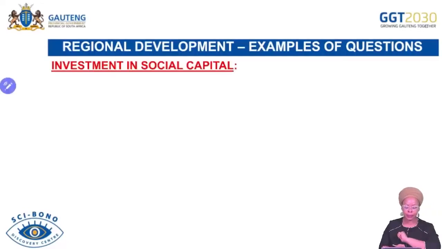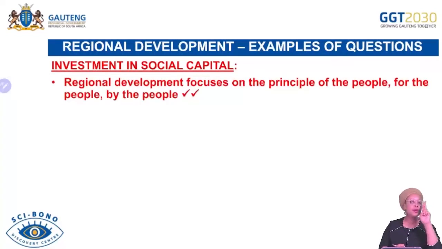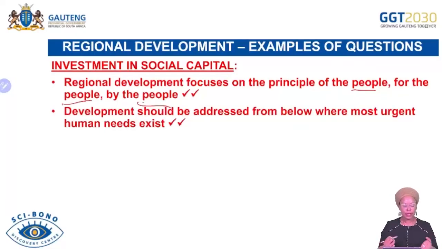Let's look at the second part of the question. The second part is investment in social capital, and you need 2 sentences. You can mention that regional development focuses on the principle of the people, for the people, by the people. 2 marks for that.